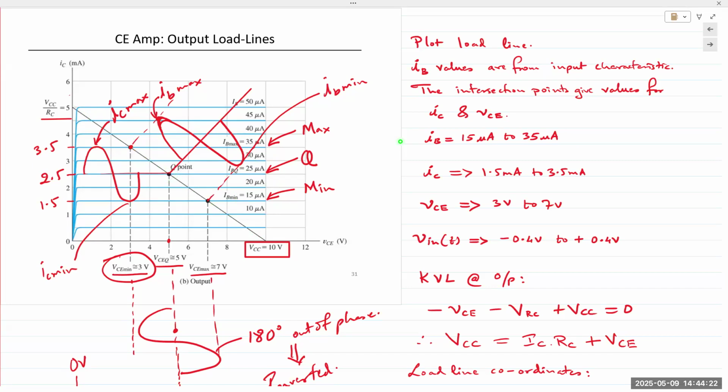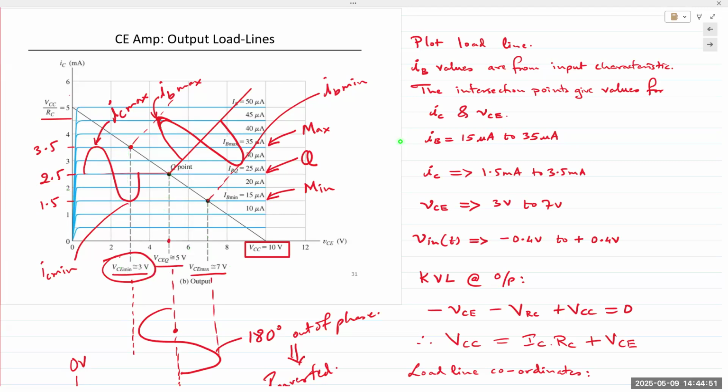And the coordinates of those 3 points is the solution to our amplifier problem. The Y coordinates give us the value of the collector current, and the X axis values are the answers to VCE.